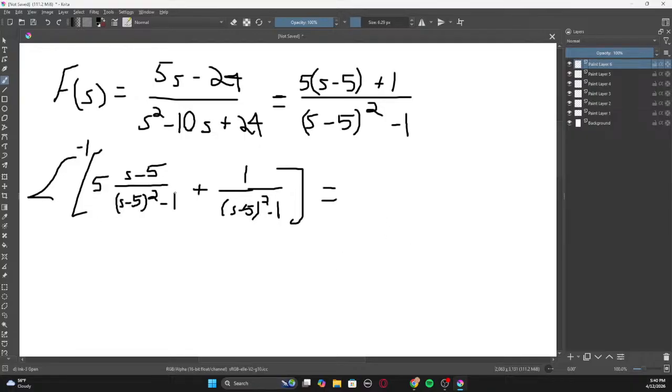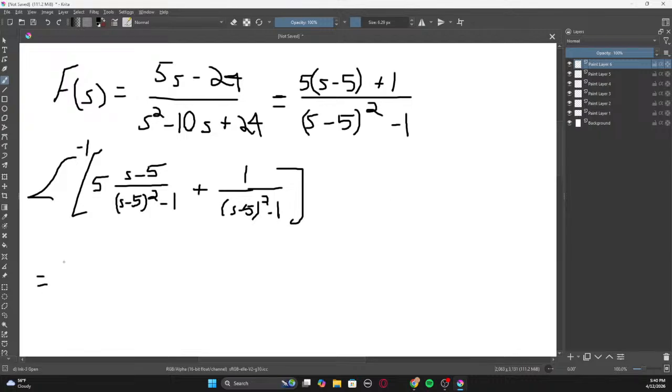So we have this is equal to 5 times the Laplace of this, where s is s minus 5. I believe it's t minus 5. Let me check my paper just to double check. The shifting theorem. Okay. So, wait, let's do it from down here.